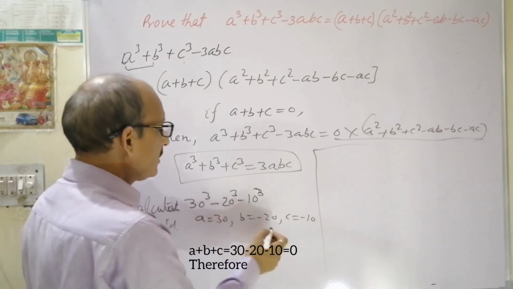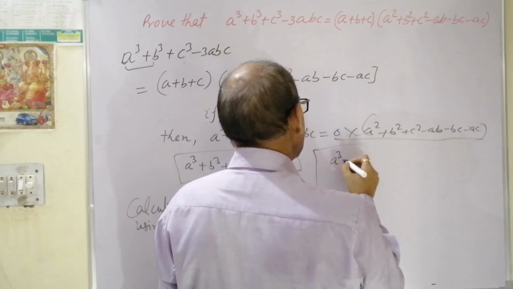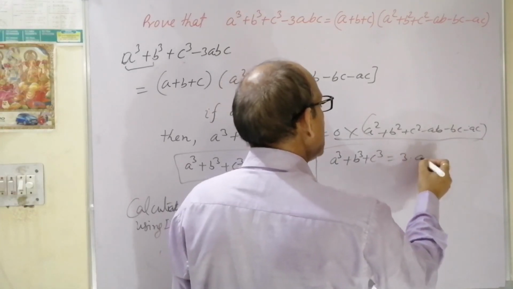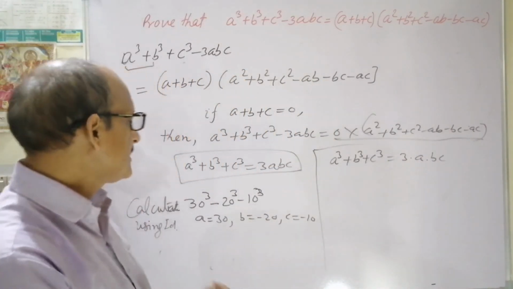So this identity will be used by us. A cube plus B cube plus C cube is equal to 3 times A into B into C. Replace A, B and C by their values.